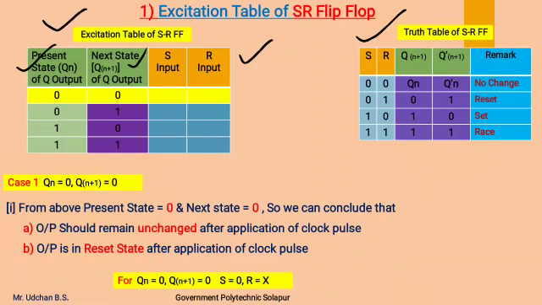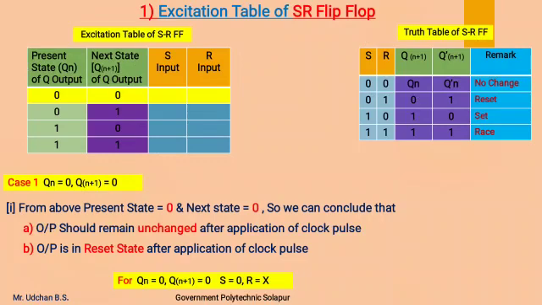Now the truth table of the SR flip-flop is shown over here, in which for 0 0 there will be no change in the output. For 0 1 the output will be in reset state, that is 0 1. For 1 0 the output will be in set state, that is 1 0. And for 1 1 both the outputs of the flip-flop will be 1 1, which is an invalid condition.